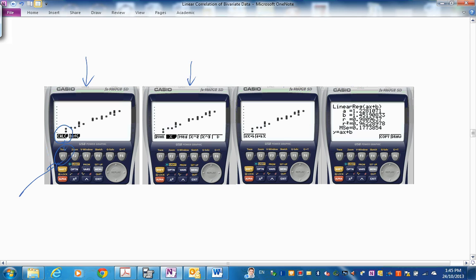Now, this is on the Casio 9860 Plus, and what we're going to do is look at the linear association, linear correlation. So we're going to try and fit a straight line through this data. In other modelling uses with this calculator, you might use other of these options, and there's more on the next page.